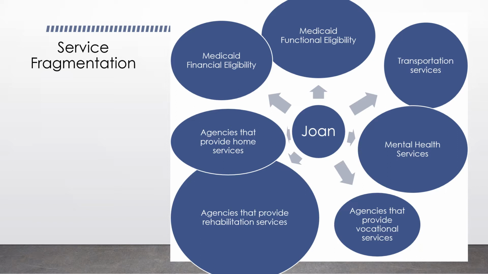They're beyond expensive, and so Joan probably isn't able to afford them. So again, she has all of these siloed agencies providing services and supports. Agencies that provide in-home services could include those who provide physical therapy, those who provide some housekeeping, those who provide respite care if Joan has a spouse, things like that.